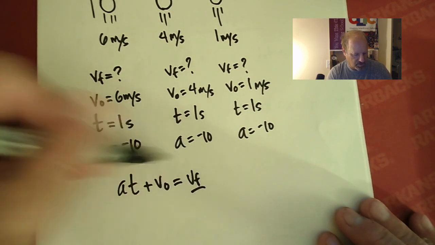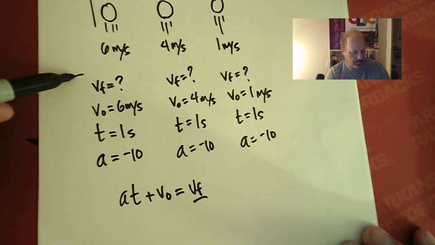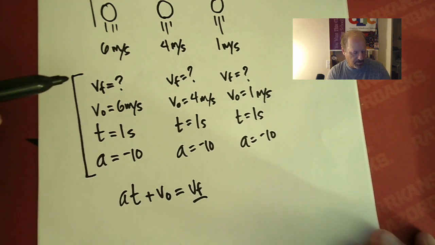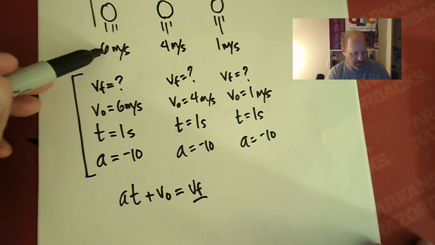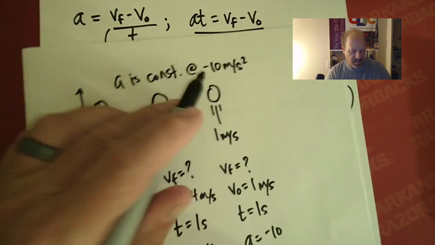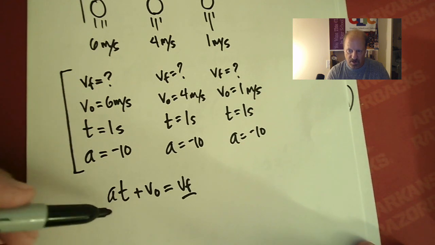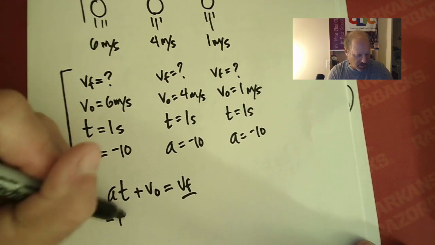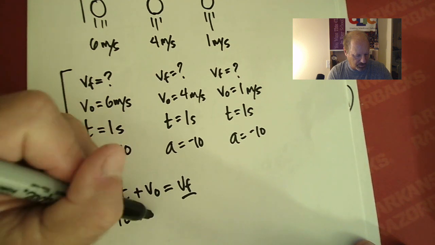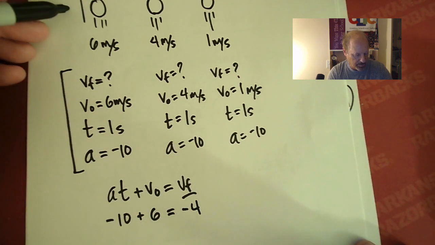So, using this equation, because that's from our equation list, and here's the list of variables that were given in the problem, 6 meters per second is V initial. A is -10, and T is 1 second. So our AT is going to be -10 plus V initial of 6 equals -4 for the first one.